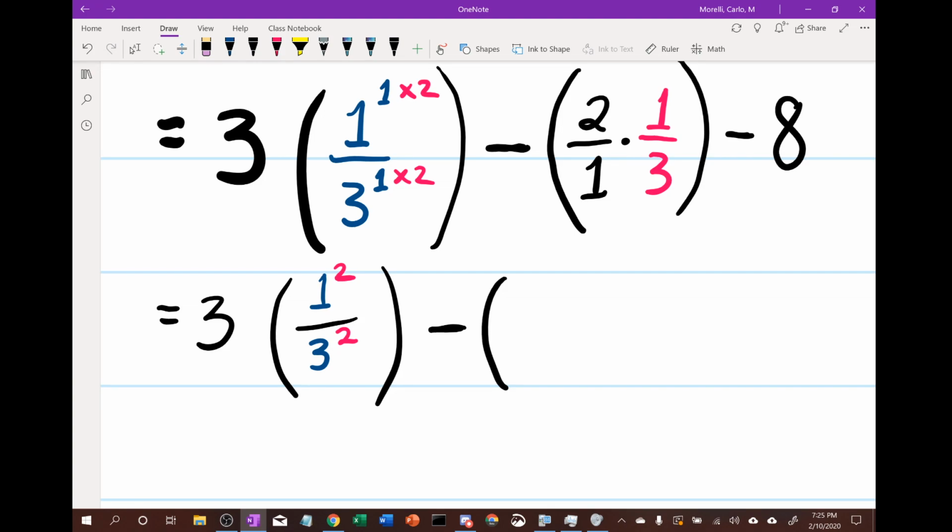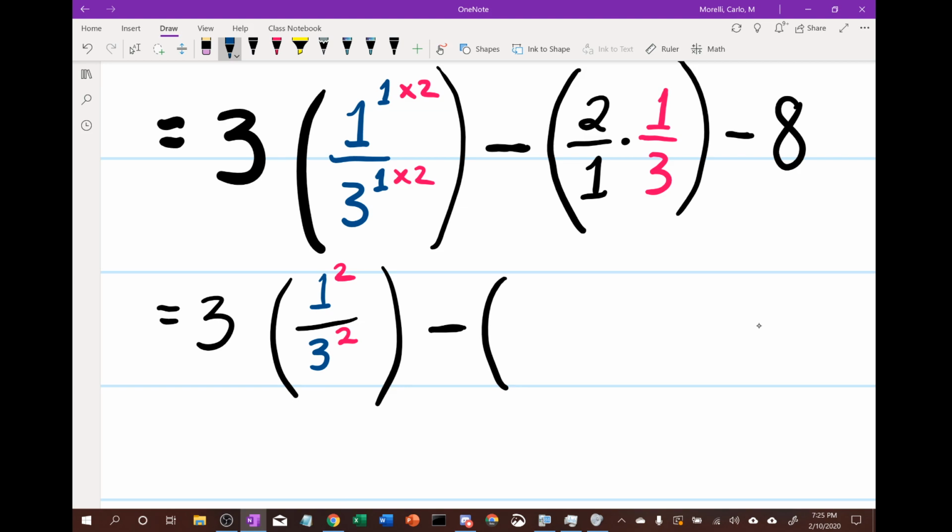Okay, so what's 2 over 1 times 1 over 3? Let it get back to showing the problem. Okay, so 2 over 1 times 1 over 3.